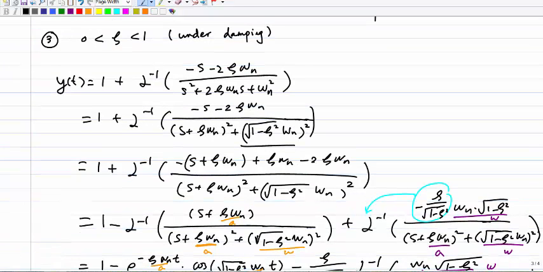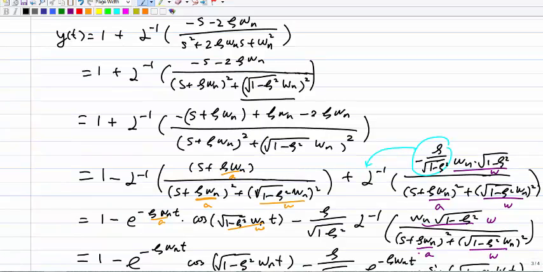What happens is I have 1 plus L inverse of this guy over here and this guy over here. You have a sinusoidal function over here. I'm going to spend a little time to tell you how I do that. We can consider this form here, because I know s plus a squared plus b squared, and this is s plus a.